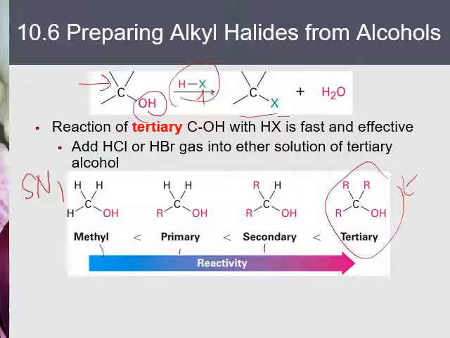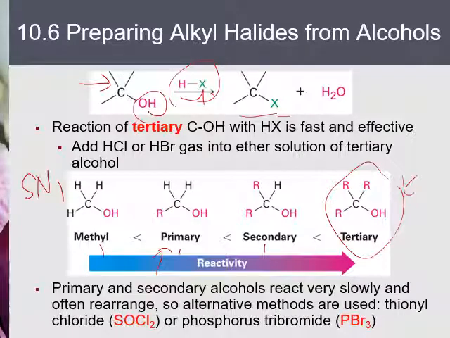Now, if it's primary alcohol, the SN1 reaction becomes so insignificant that the mechanism changes to SN2. And for SN2, we need a stronger reagent such as thionyl chloride and phosphorus tribromide. And we're going to see more in the next slide.